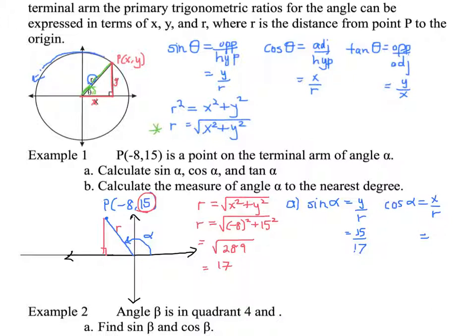The x coordinate of point P is -8, so it'll be -8 over 17. And tan alpha is y over x, or 15 over -8.